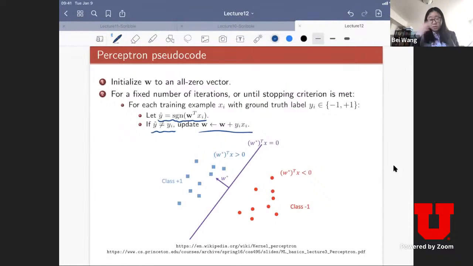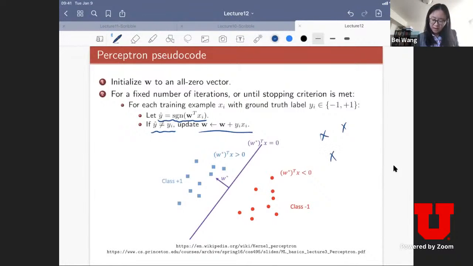So whenever my predicted label doesn't match the true label during training, I shift the linear classifier in a favorable direction to try to give the right prediction. What do I mean by that?